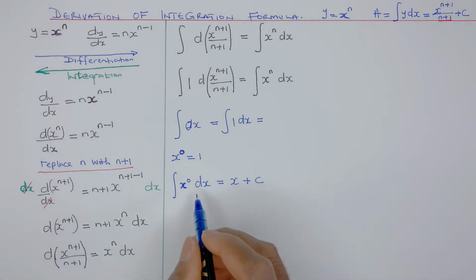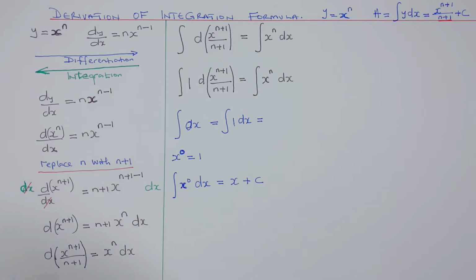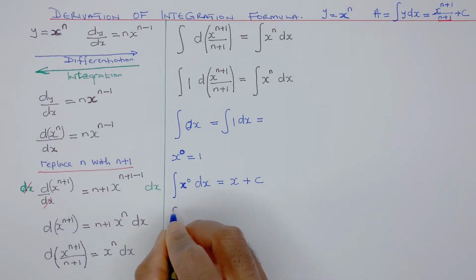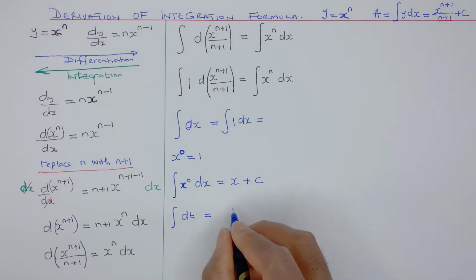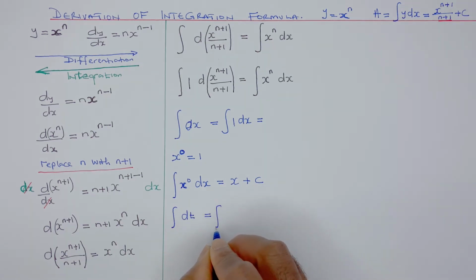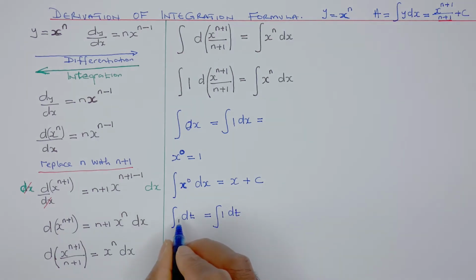Now, if I do that, then I'll get x plus a constant c. The reason for that is because I'm integrating with respect to the variable x. But what I've got here is similar to that. Let me give you another example. If I'm doing integral of dt, well, that will be equal to integral of 1 dt, right? Because there's 1 here.